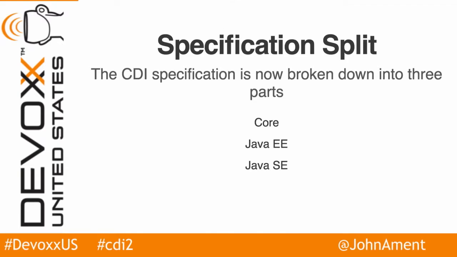So the key thing, really one of the first things that we tackled going into CDI 2.0 was the split out of the core programming model, the Java EE-based programming model, and the Java SE programming model, giving you the ability to pick and choose how much of the specification you want to leverage. Obviously, you don't get full HTTP request handling in the Java SE version of the specification, but you do get that core programming model that we have been applying.